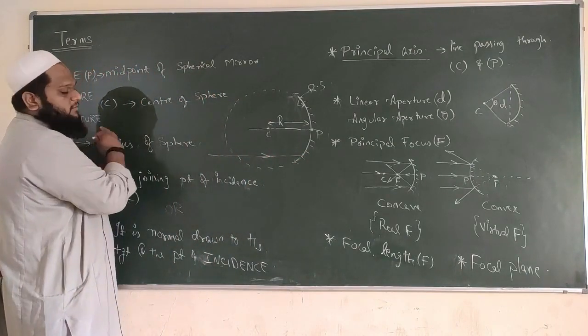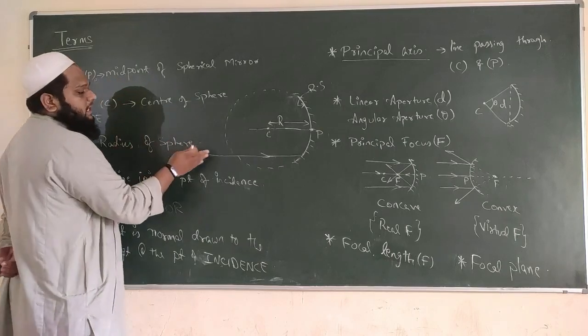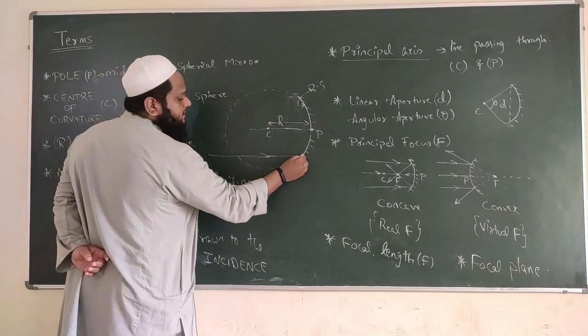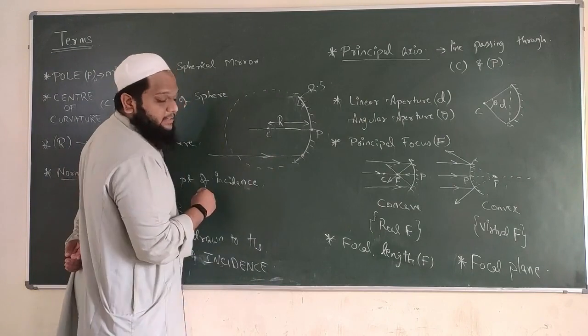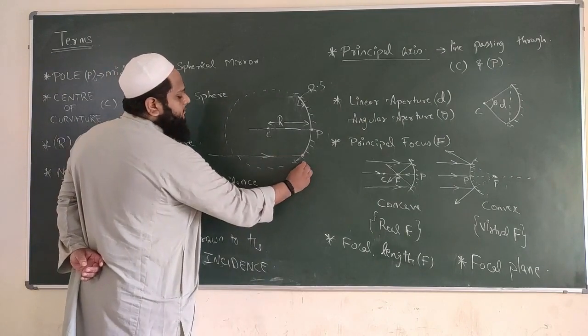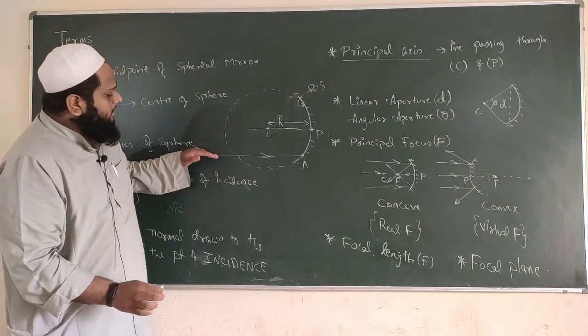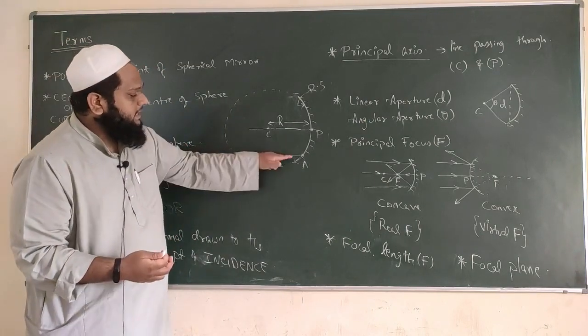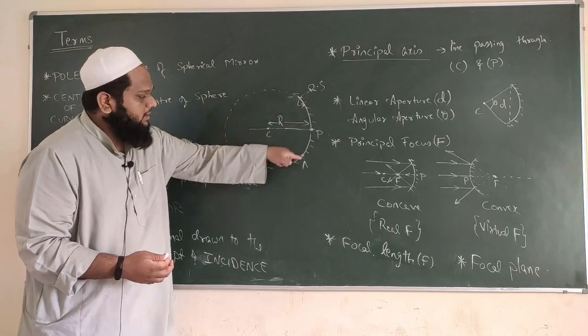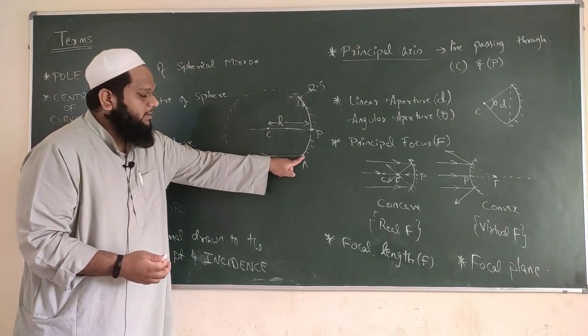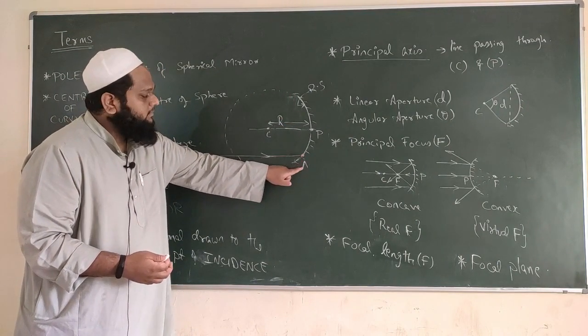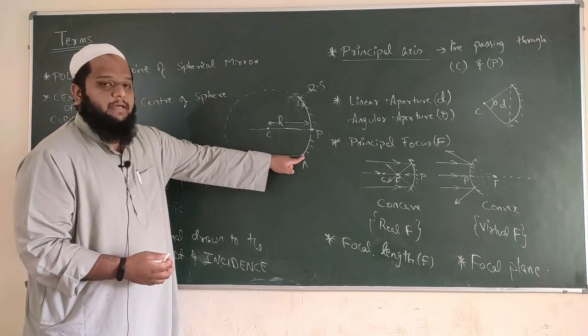It is coming from some faraway source, and it is incident at this particular point. Let me give it a name, say A. Right now I have just imagined one ray. It is incident on the concave mirror, and this is the point where it is incident. So this point A is called the point of incidence.